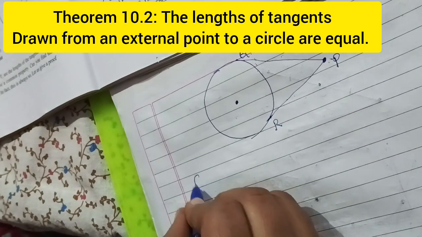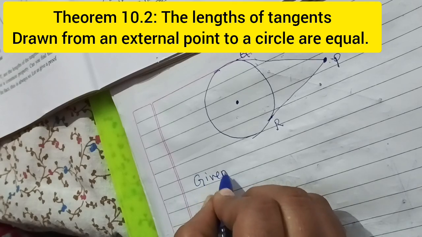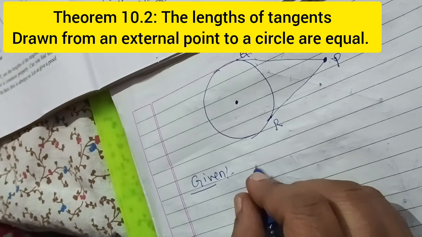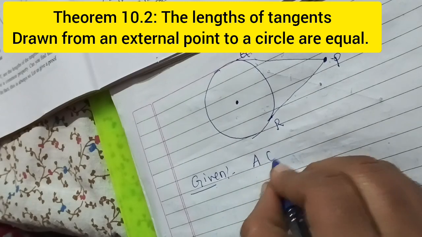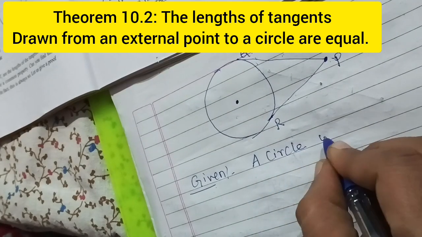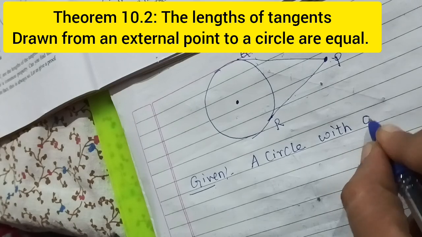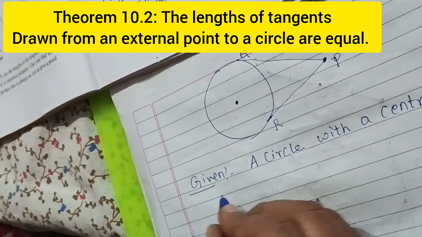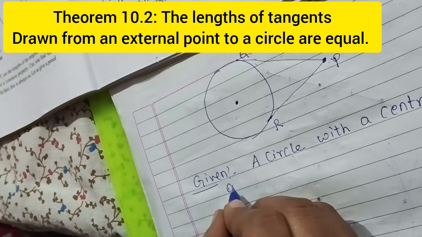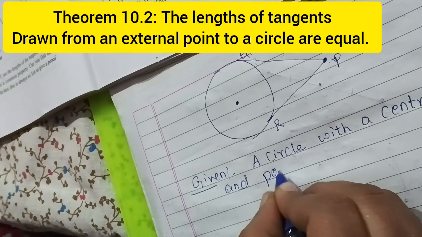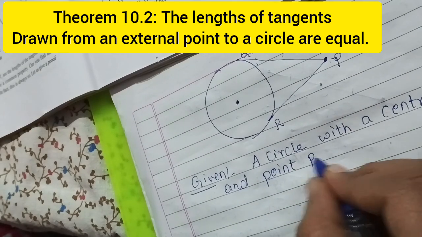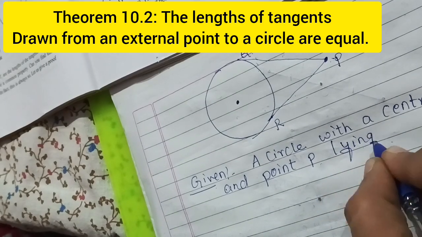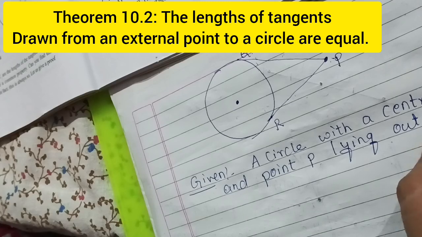Here you have to write the given first. Given a circle with center O, and a point P lying outside the circle.